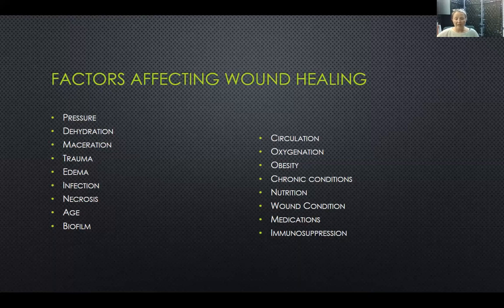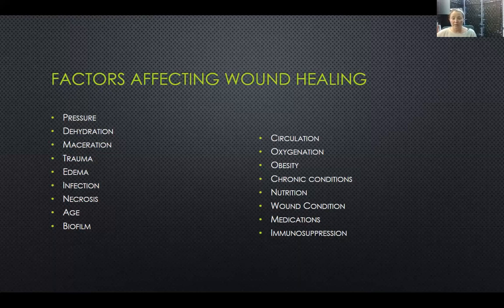If necrosis has happened and there's dead tissue, that will also delay healing, and that dead tissue will need to be removed in order for healing to happen. When we look for that necrosis, things we'll look for are slough, so yellow, stringy, moist type material, or eschar, which is dry, black or brown, or leathery looking tissue over top of a wound.